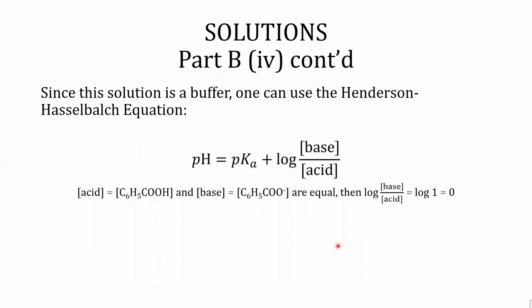Since the molarities of C6H5COOH and C6H5COO minus are both equal, under the Henderson-Hasselbalch equation, the log of the ratio between the concentration of C6H5COO minus and C6H5COOH equals log of 1, or 0.